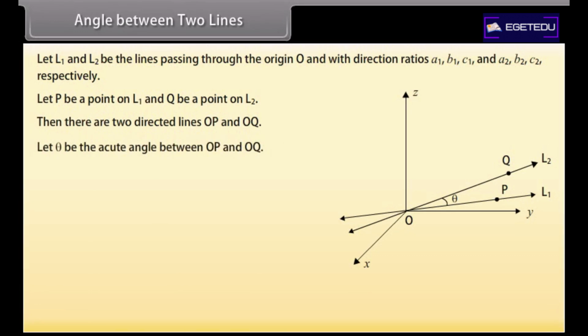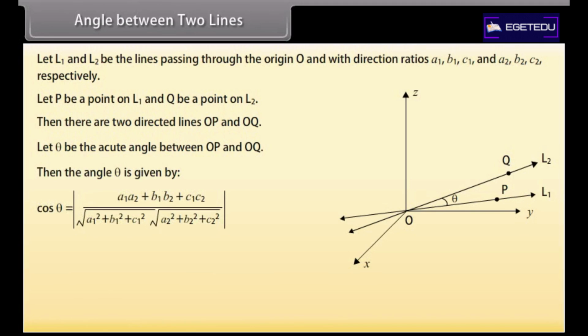Let theta be the acute angle between OP and OQ. Then cos theta equals the modulus of A1 A2 plus B1 B2 plus C1 C2, divided by the square root of A1 square plus B1 square plus C1 square, into the square root of A2 square plus B2 square plus C2 square.